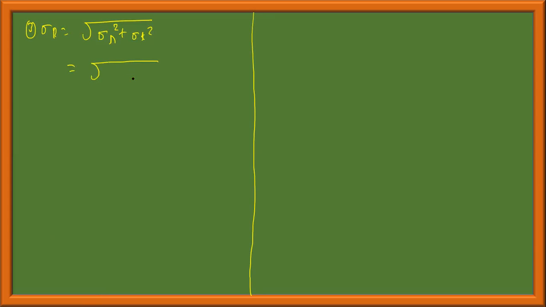Now I should calculate the resultant of sigma T and sigma N. Sigma R is equal to root of sigma N square plus sigma T square, which is equal to root of 125 square plus minus 129.9 the whole square.